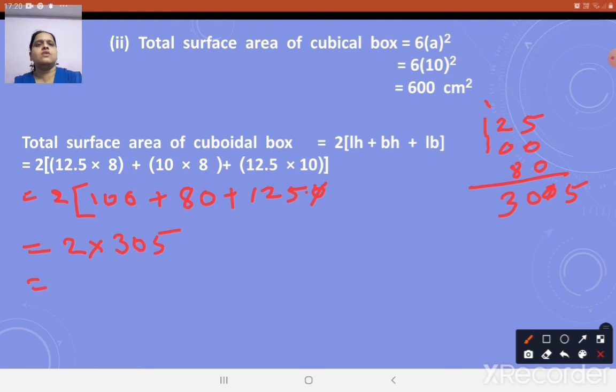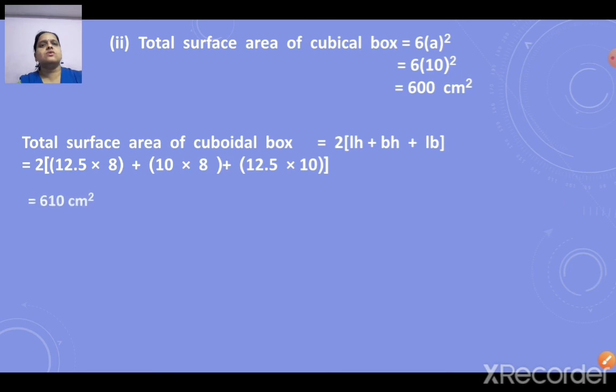Now multiply: 2 5s are 10, 3 2s are 6. So we are getting the total surface area of cuboid as 610. So do this calculation properly by yourself, because every time I am not able to show this calculation here, but you have to try yourself. So we are getting the answer as 610 centimeter square.